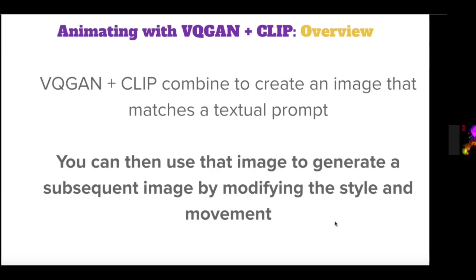So for example, you generate the first image, and then let's say you want it to zoom in. You tell the program, generate me an image based on the same prompt or a different prompt, but zoom it in by 10 pixels.